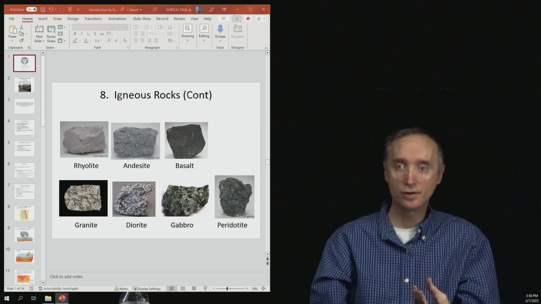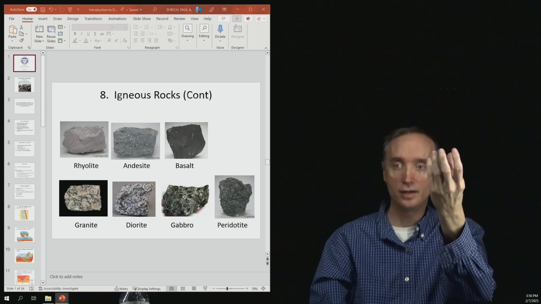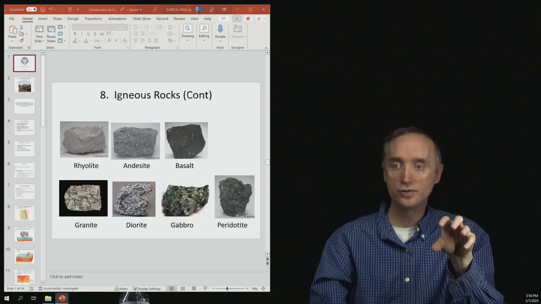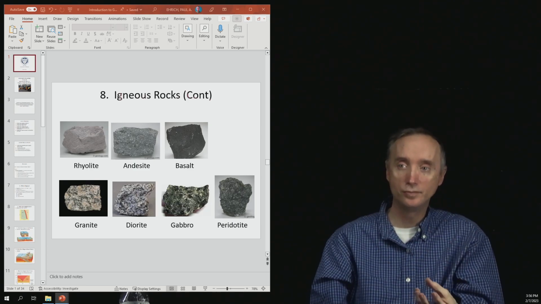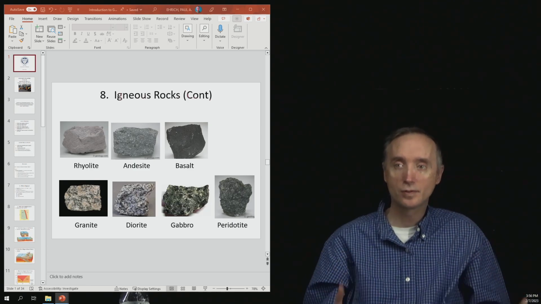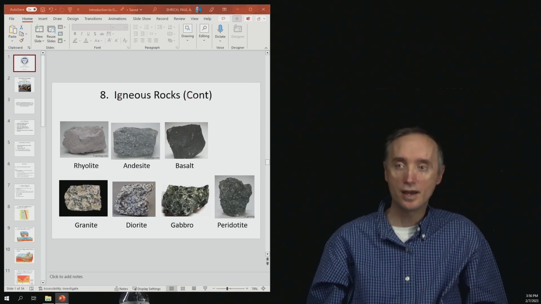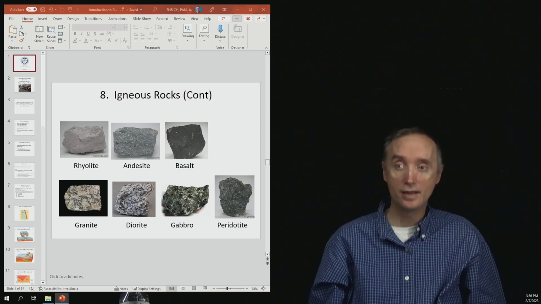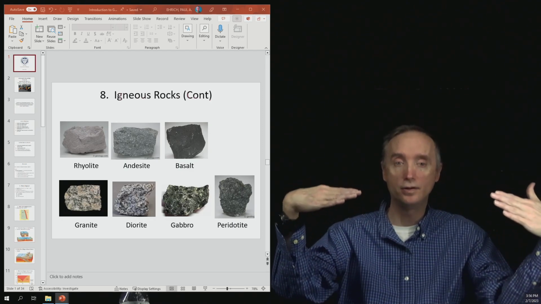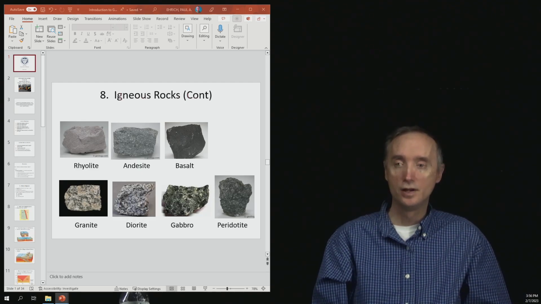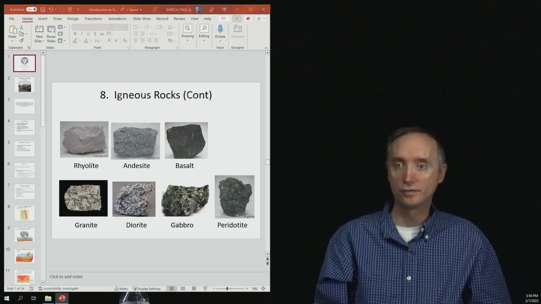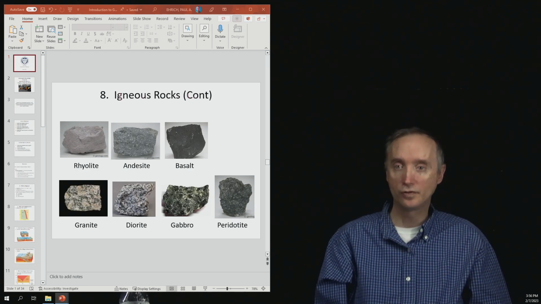So as that material comes to the surface, it eventually changes into gabbro and then basalt, and then given enough time and you keep having subduction zones, the basalt and the gabbro can eventually become granite continents. And then where the granite and the ocean plates come together, you get this intermediate stuff, the andesite and the diorite. So later we'll talk about the formation of continents and where they come from and how continents evolve.